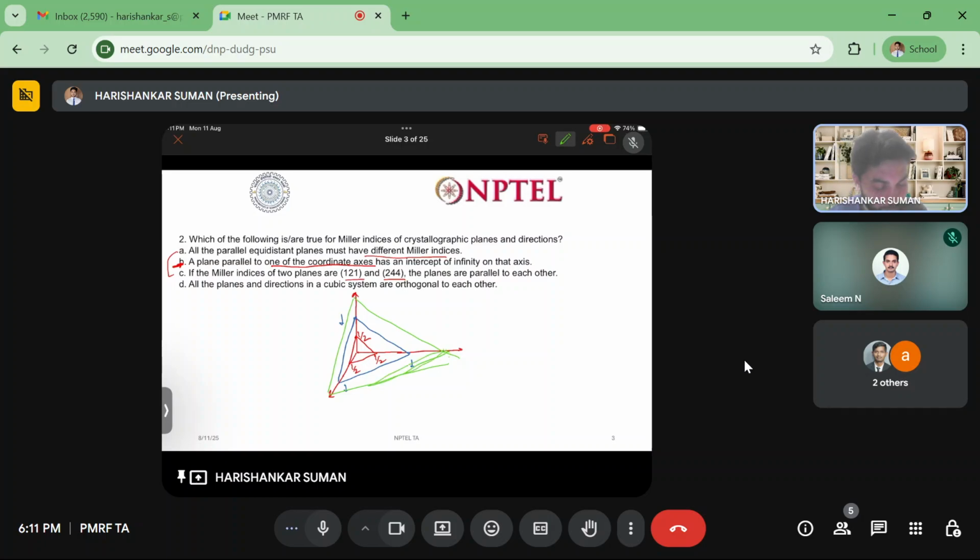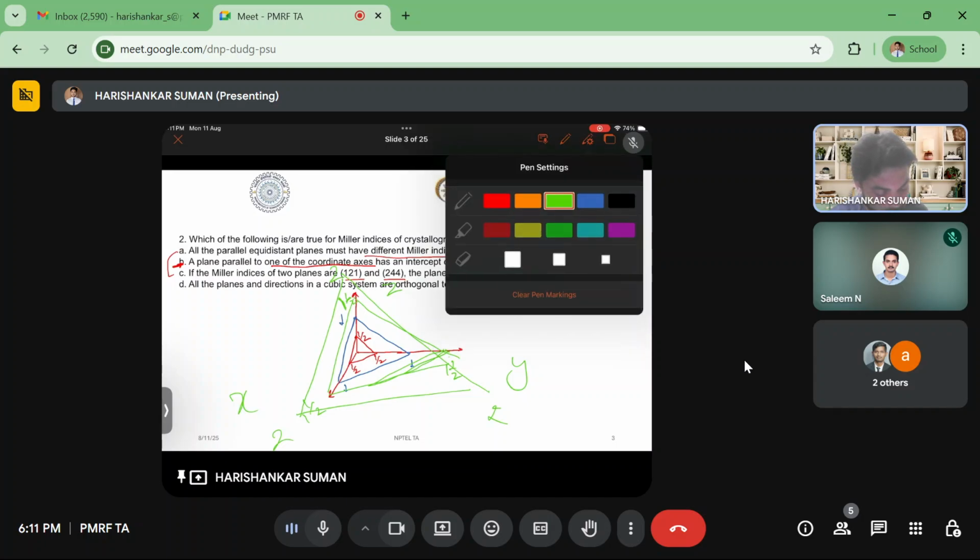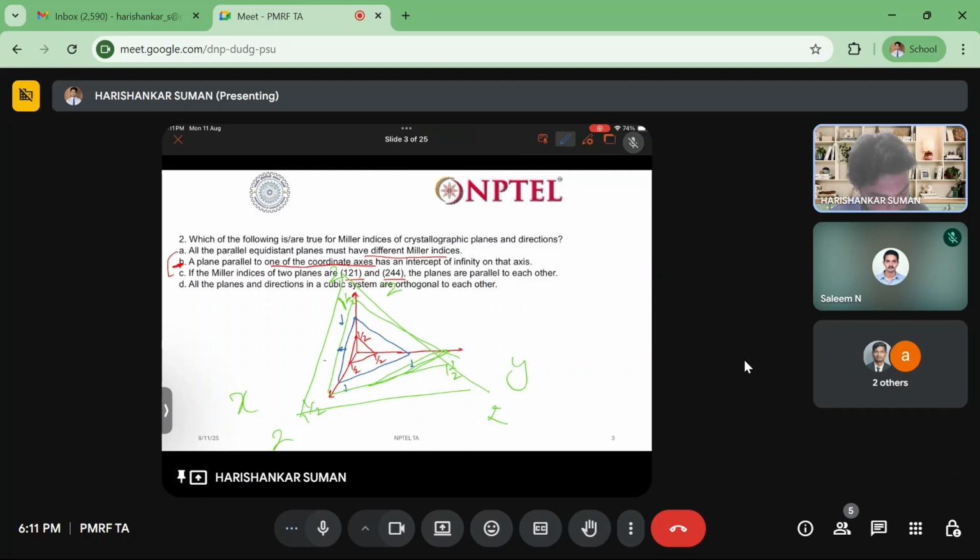Let's cut here, at one and a half, one and a half, one and a half, and another two, two, two. These are the x, y, and z axis cuts, and the planes are equidistant.